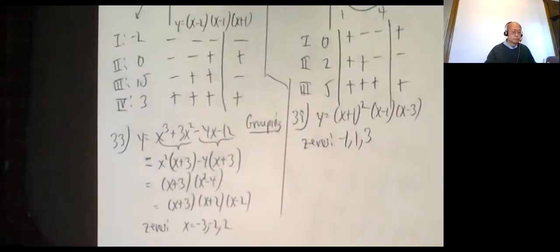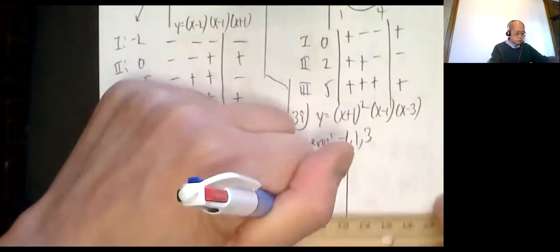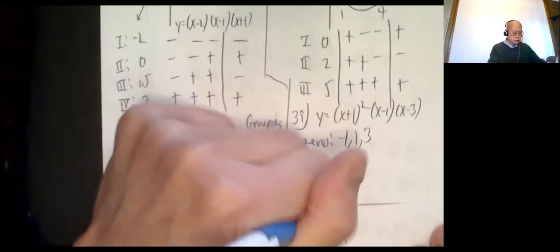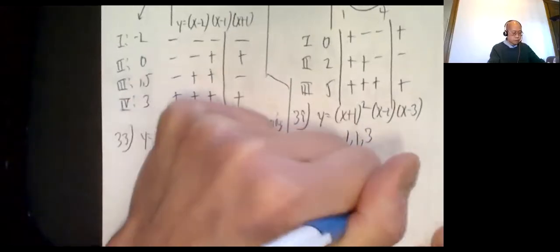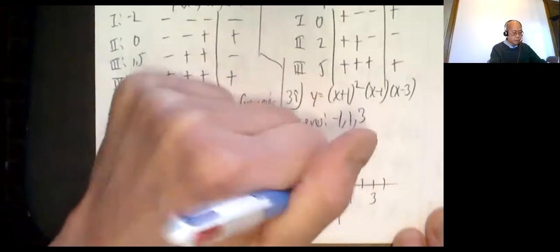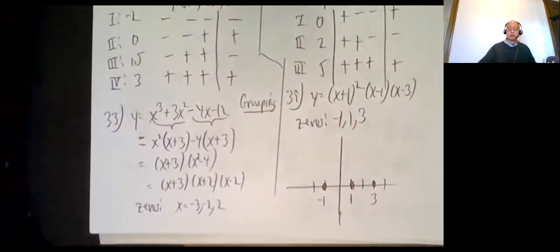Right? -1, 1, 2, 3. -1, +1, +3. 0, 0, 0.